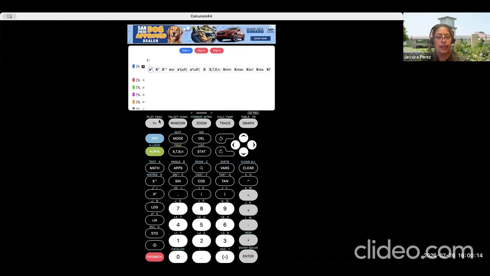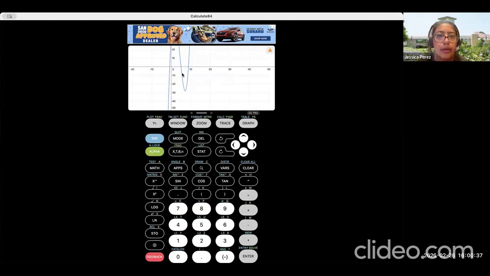And I will have x to the third power, minus 13x squared plus 33x plus 35. And then I'm going to select graph and see how, if I zoom in, I actually will have 3 zeros. But it's saying I have to look at a specific interval between -1 and 0.